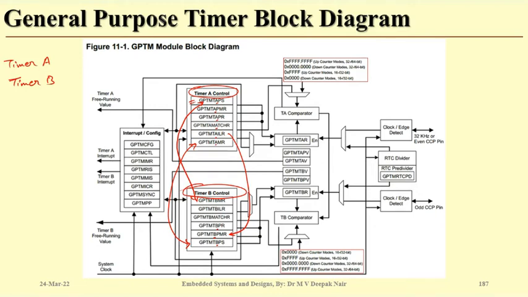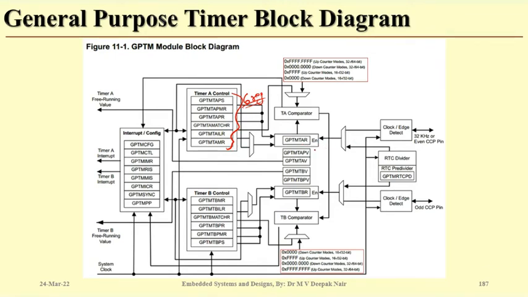So this one and this one are the same, and similarly you can come down and so on. TAILR and you can see TBILR. So almost they have similar registers. In short, we can say both have six registers, both timer A and timer B, that are control registers.